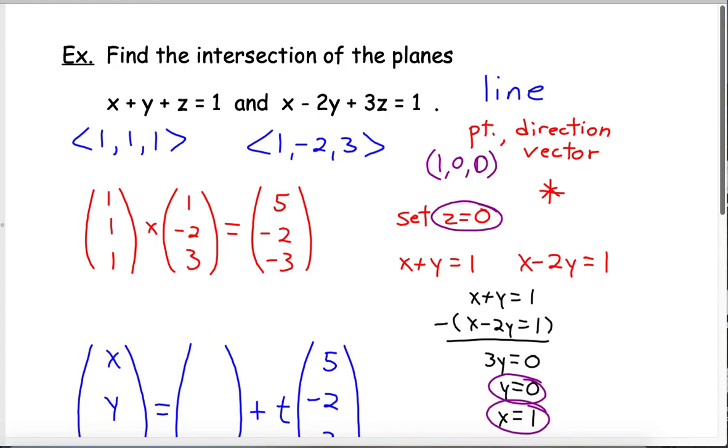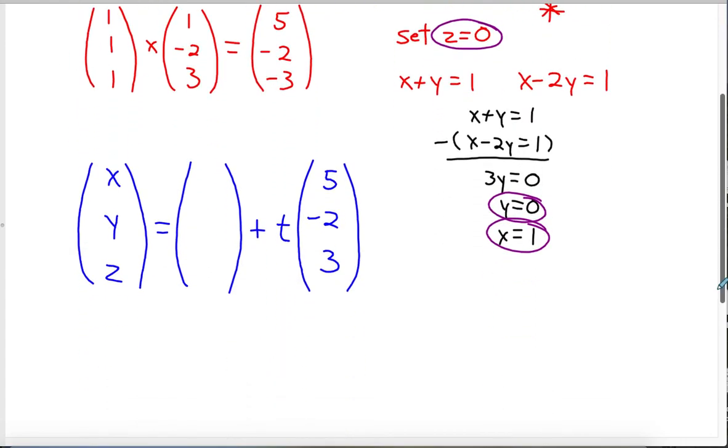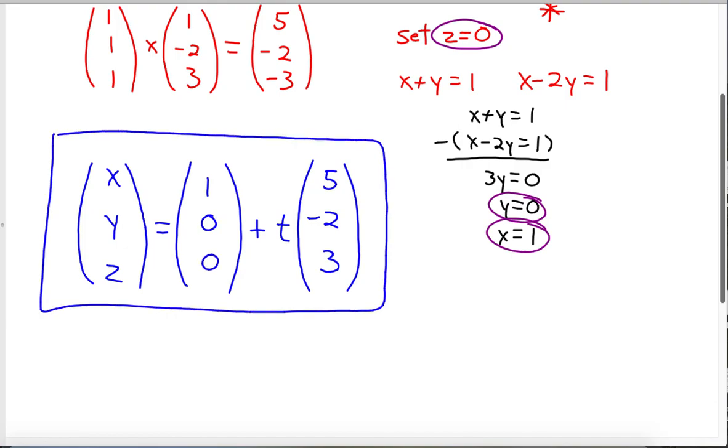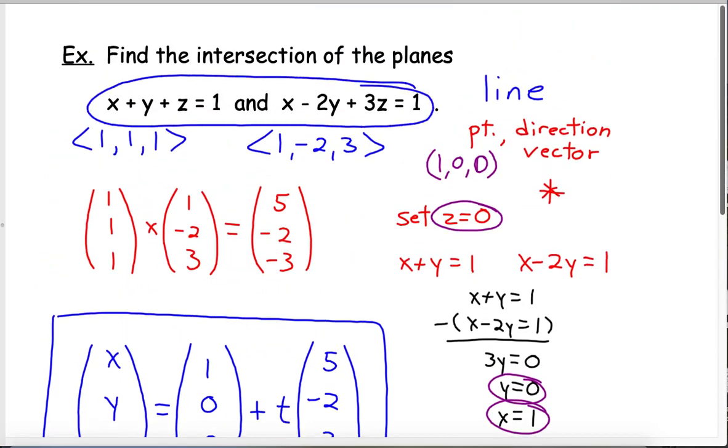I already figured out my direction vector, and now I just need to use that point, and I can plug that in right here. And this is the equation of the line, which is where these two planes intersect. And you can check that point, 1, 0, 0.